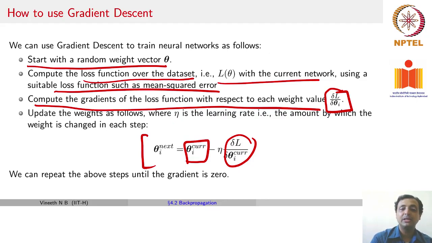And theta next is simply theta I current minus eta times this gradient, where eta is known as a learning rate or a step size. It tells us how large a step we want to take in the direction of the negative gradient. We'll talk about ways in which this can be chosen a little later this week. And we keep repeating this process until the gradient is 0. Why? Because when the gradient is 0, we have reached a critical point, which is perhaps the minimum of that function.